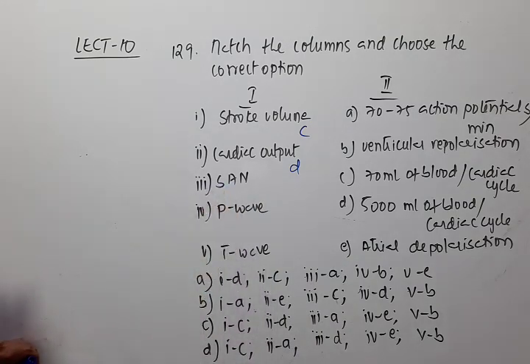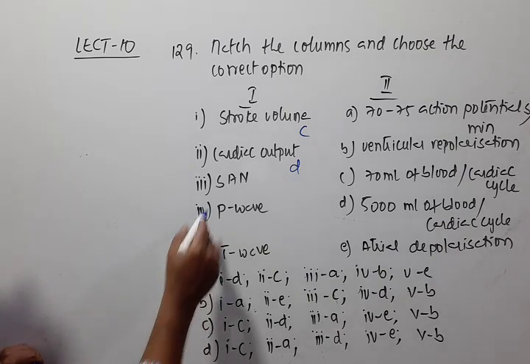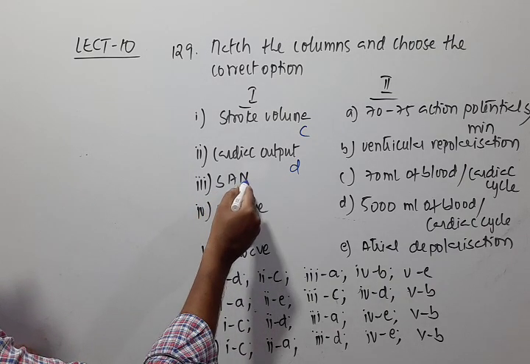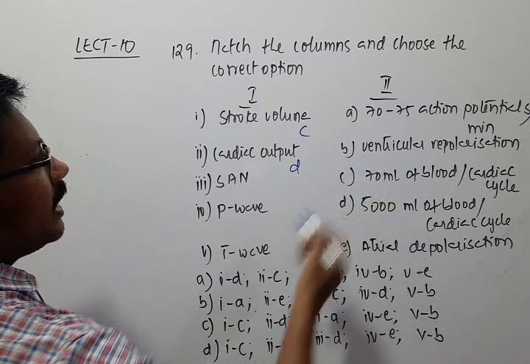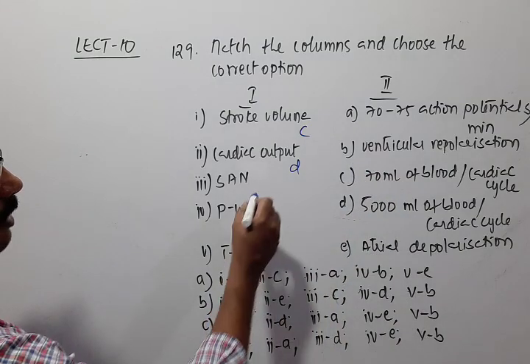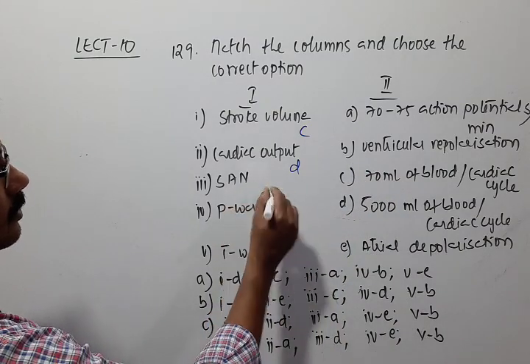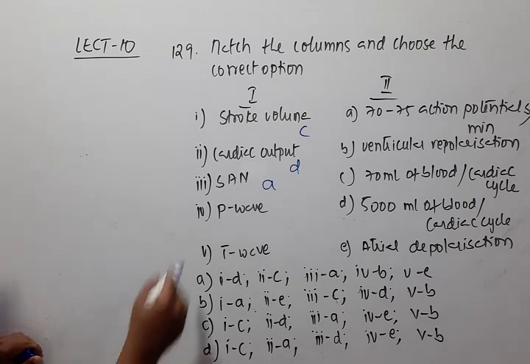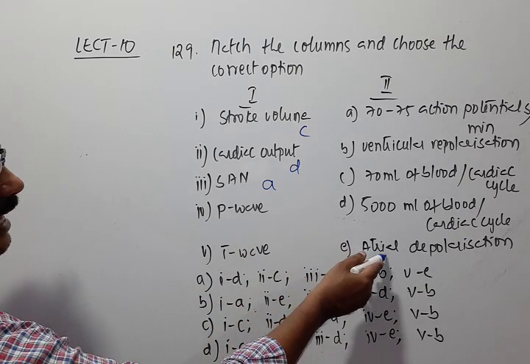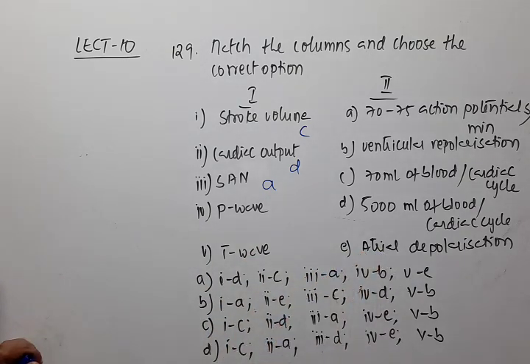Then the third one, the sino-auricular node. The sino-auricular node is the pacemaker from where the action potentials are generated, 70 to 75 action potentials per minute. So that is A. Then coming to the P wave. The P wave indicates the atrial depolarization or contraction of atria.